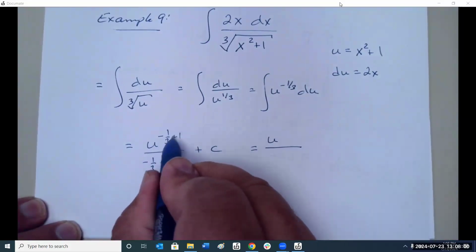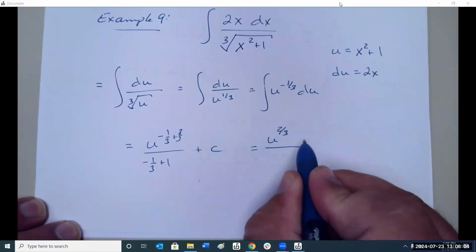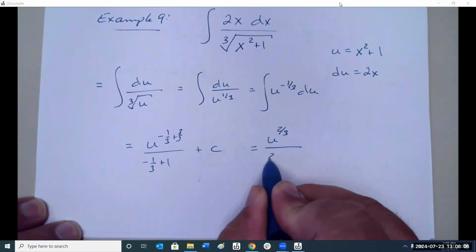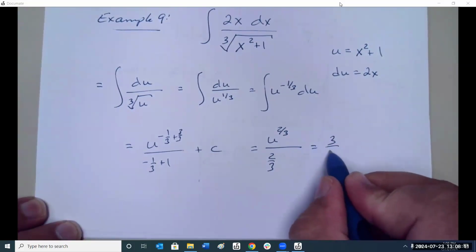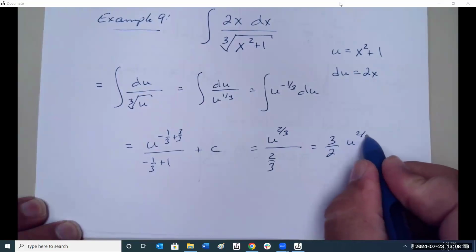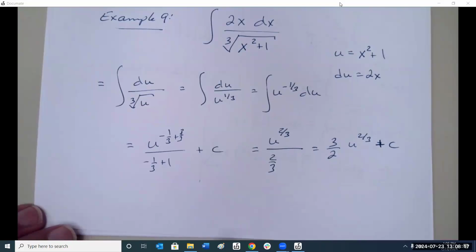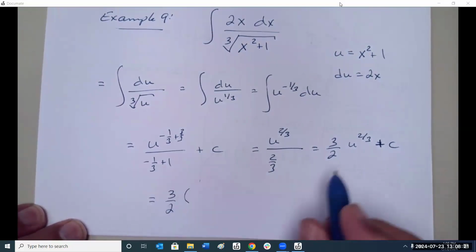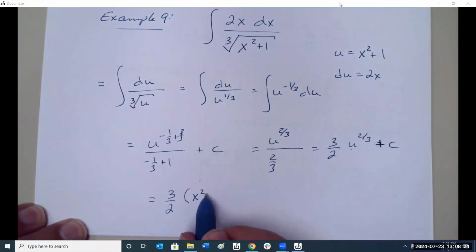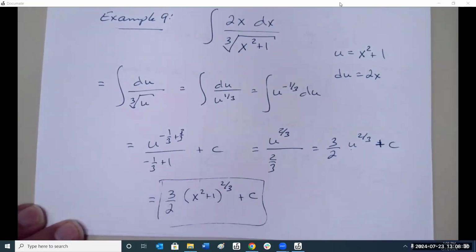So negative 1/3 plus 3/3 makes it 2/3, over 2/3 makes it 3/2 u to the 2/3 plus c. U is x squared plus 1, so 3/2 times x squared plus 1 to the 2/3 plus c. And there you have it.